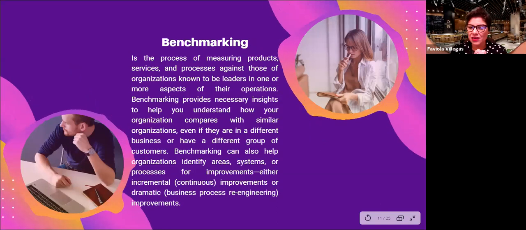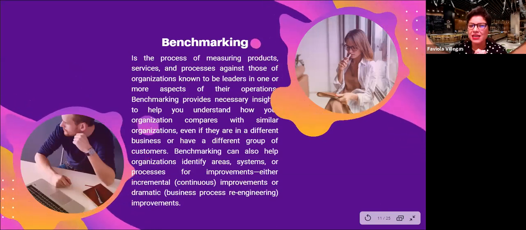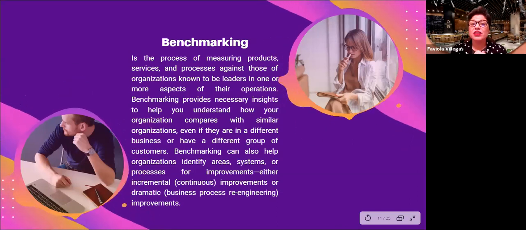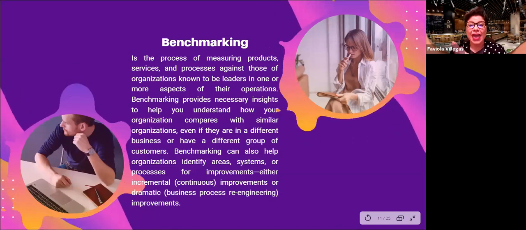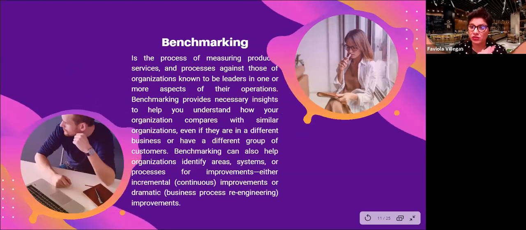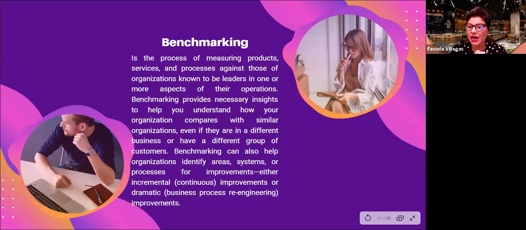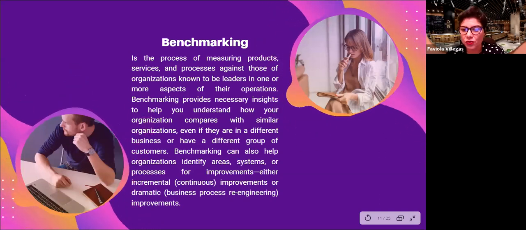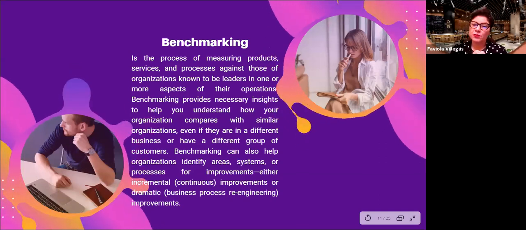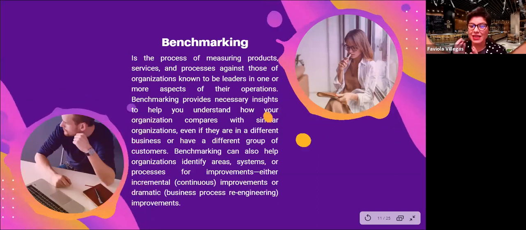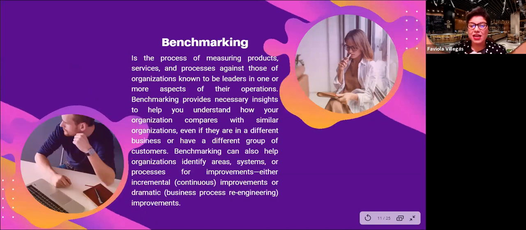Benchmarking provides necessary insights to help you understand how your organization compares with similar organizations, even if they are in a different business or have a different group of customers. Benchmarking can also help organizations identify areas, systems, or processes for improvements, either incremental, continuous improvements, or dramatic, like business process reengineering improvements.